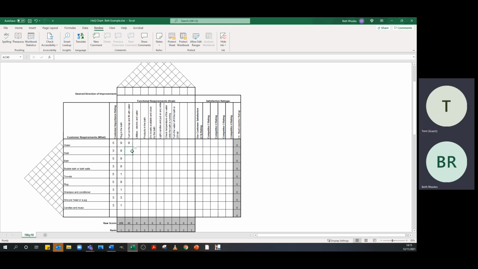Well, I don't think it does. I would say 1. See, I would have gone with higher than that. Because if you turn on the tap and fill it with cold water, unless you're weird and you like cold water baths, which you might be. Okay, so shall we go with 3? Yeah, it's not going to be that pleasant. Let's go in the middle.